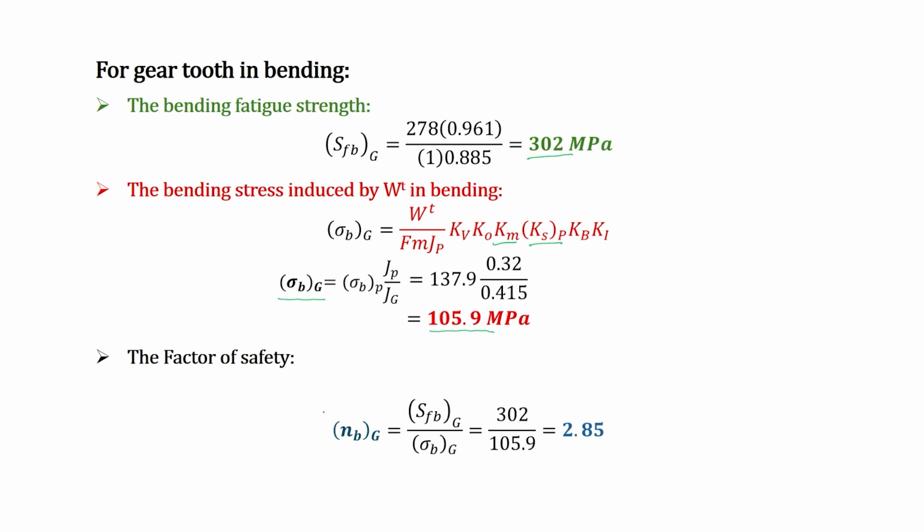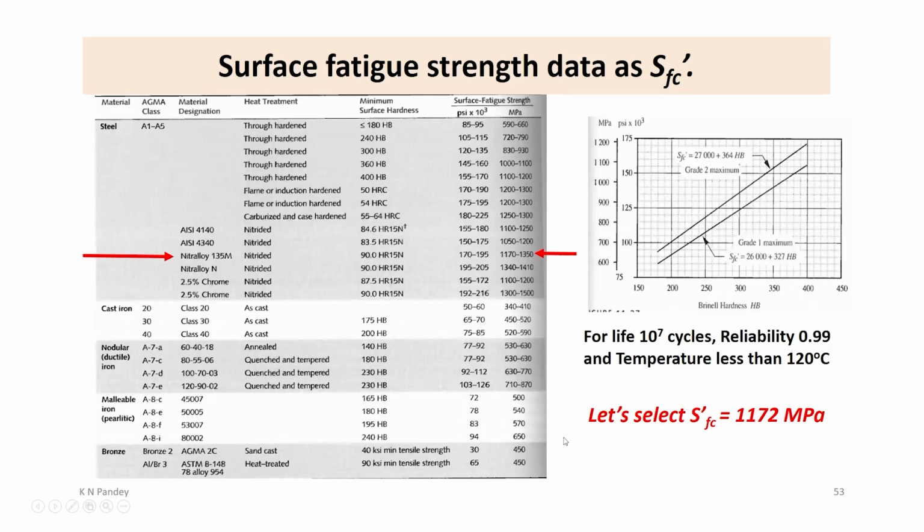So the factor of safety against bending for the case of gear is equal to bending fatigue strength of the gear divided by bending stress on the gear. This value divided by this value, it comes as 2.85.